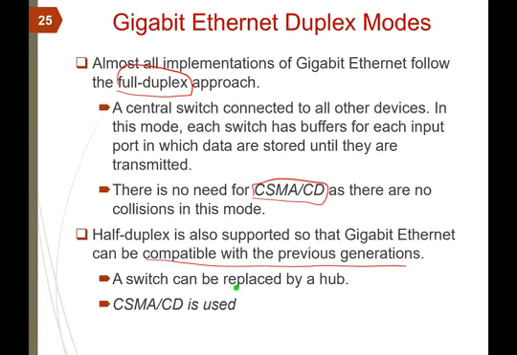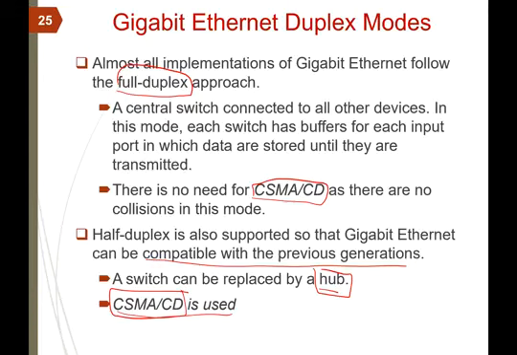A switch can be replaced by a hub. Carrier sense multiple access is used in this case. So even with gigabit Ethernet, carrier sense multiple access collision detection is still supported, and you can use it if you use a hub. So you can connect fast Ethernet devices, standard Ethernet devices, and gigabit Ethernet devices together, and they will all work without problems.